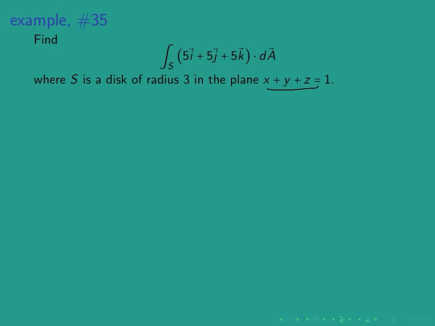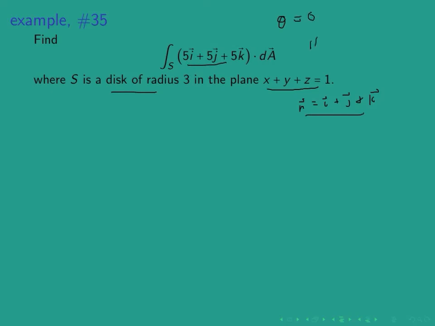So first let's think about this plane. A normal vector to this plane is i plus j plus k. And so notice that the disk will have an orientation pointing in this direction. And further, notice that this normal vector is parallel to the force vector. So the angle theta between the vector field and the normal vector, again, is 0.